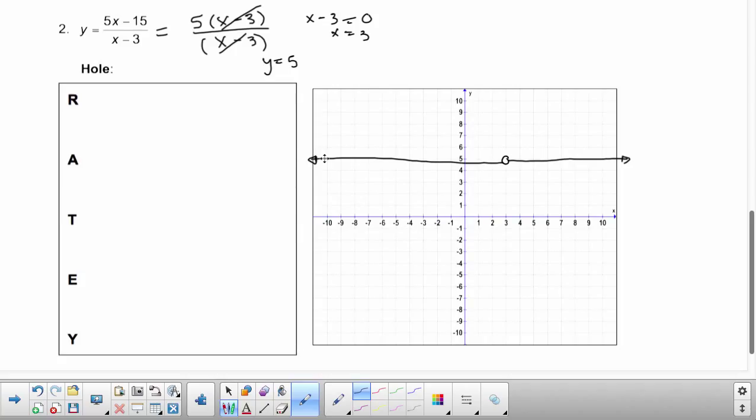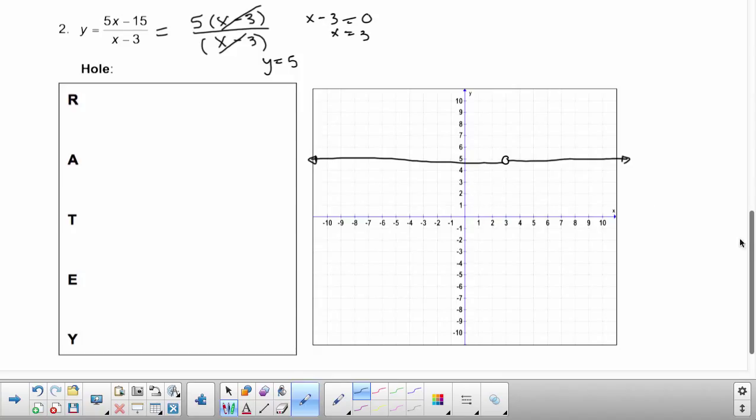Fantastic. Now it's up to you if you would like to first draw this function, and if you're using pencil, then erase where that hole is and fill it in afterwards. The order doesn't matter. However you'd like to think about it.